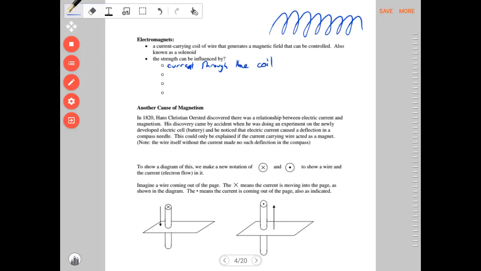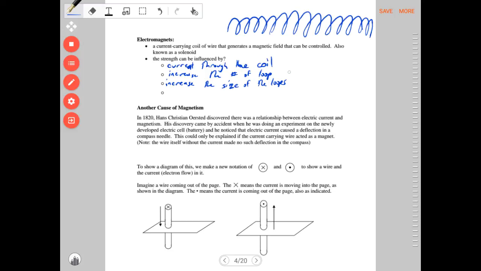If we increase the number of loops, we can make a stronger electromagnet. So if we just make a few more, okay, stronger electromagnet. Now, if we increase the size of the loops, we make a stronger electromagnet.